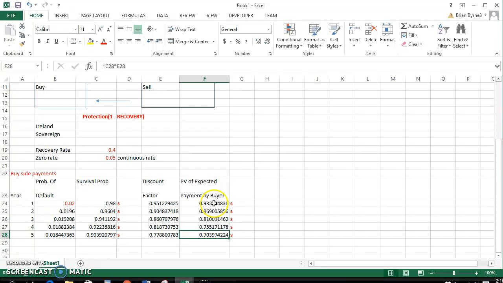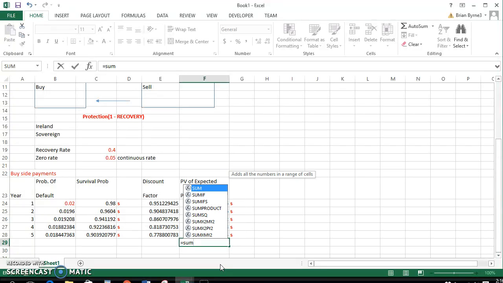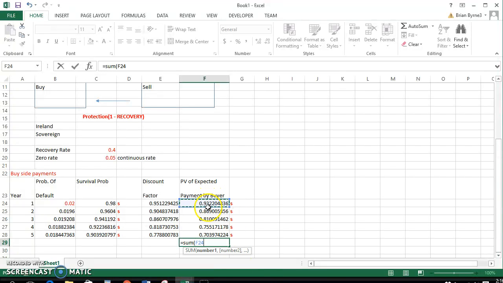In reality, in present value terms, adjusted for probability of default, the buyer is paying the equivalent of, well, what? Just the sum of that. Let's sum those 5 figures together: the buyer is paying 4.07S. Okay.